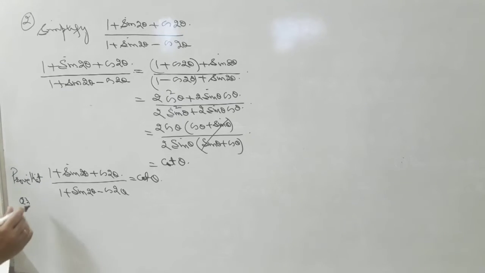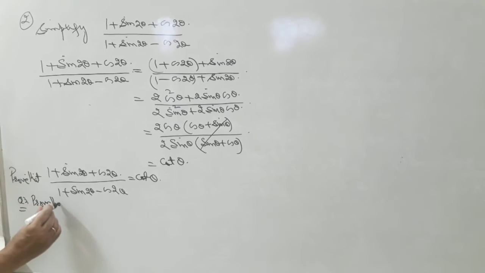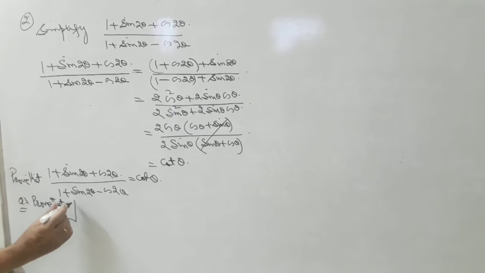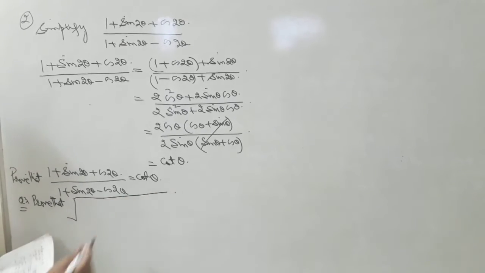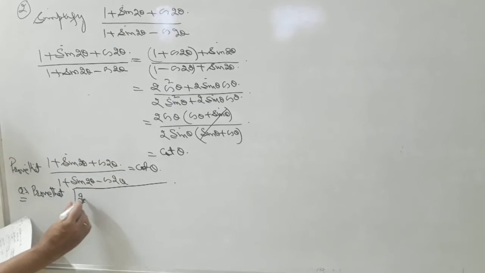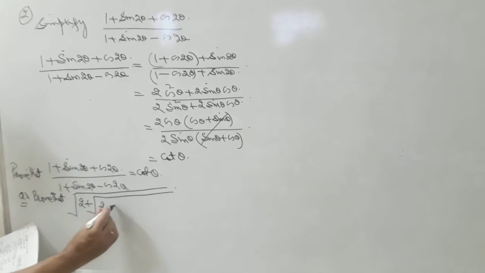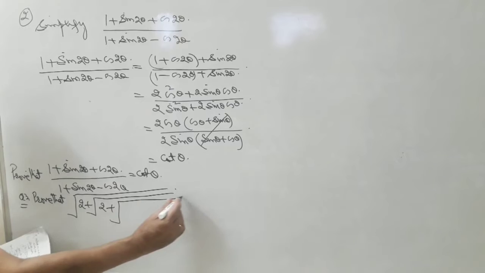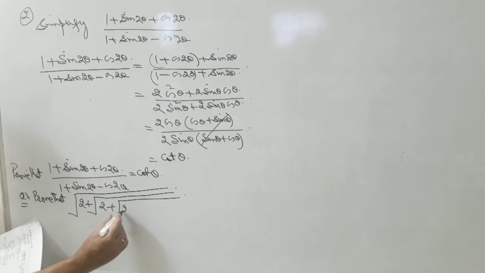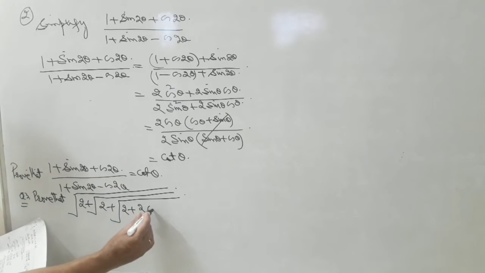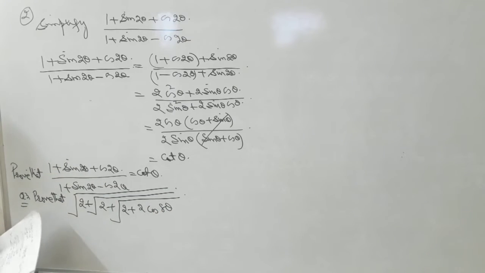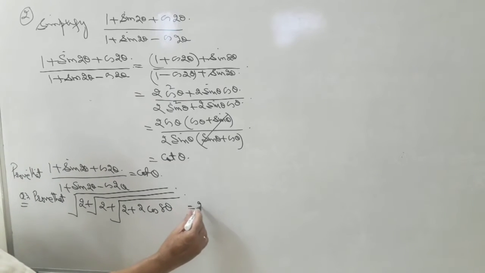He says prove that under root of 2 plus under root of 2 plus under root of 2 plus 2 cos 8 theta, this is equal to 2 cos theta.